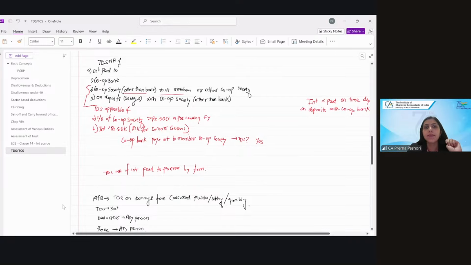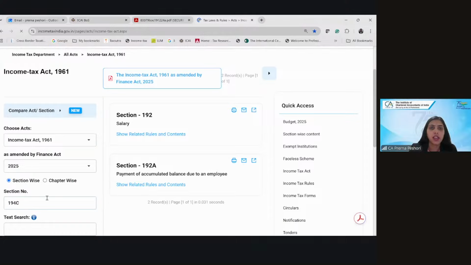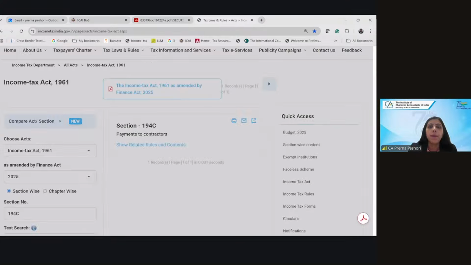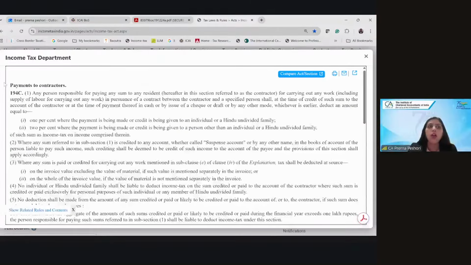Let us now proceed to the next section, 194C, payment to contractors. What does it say?